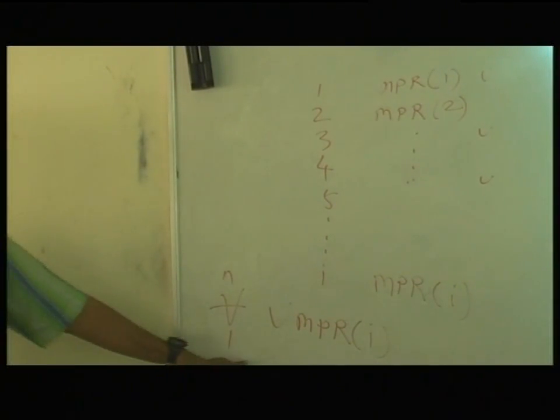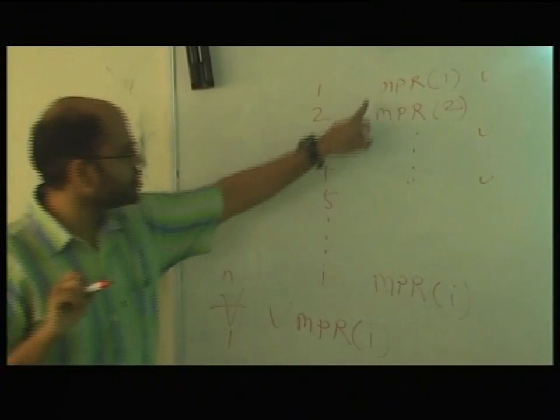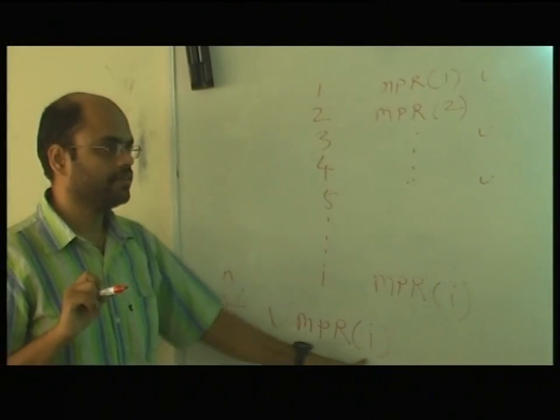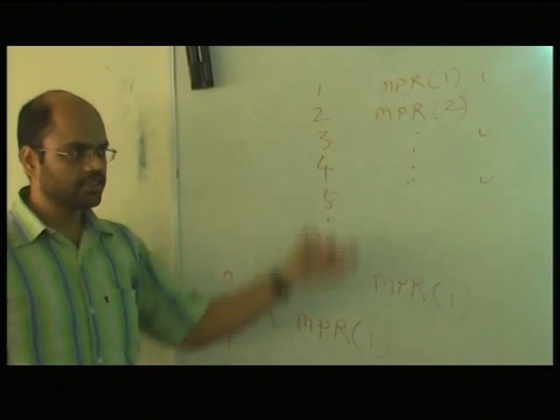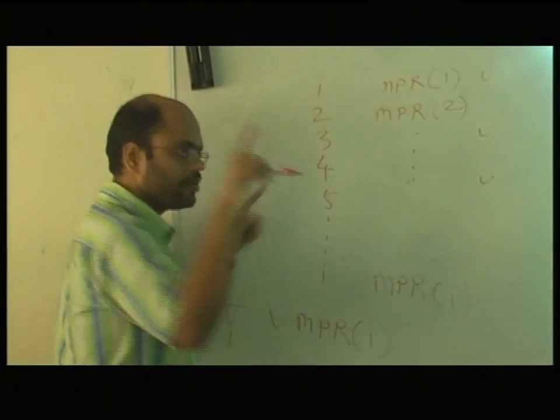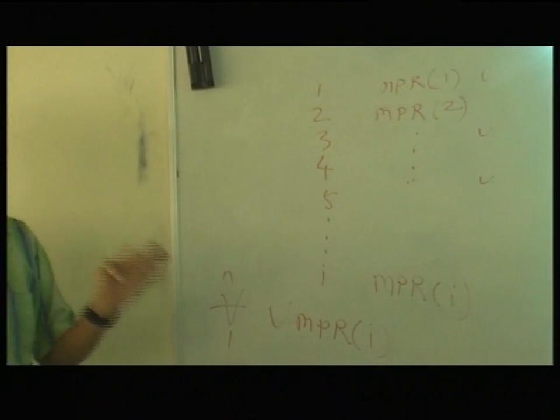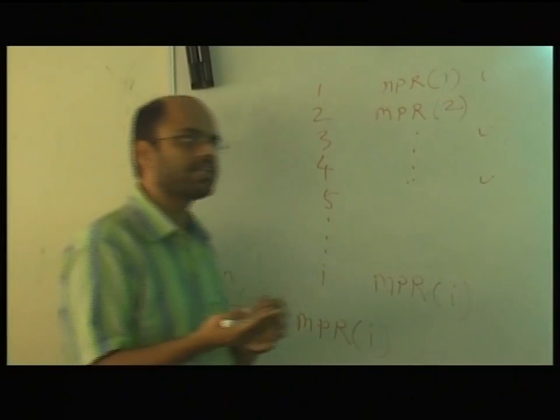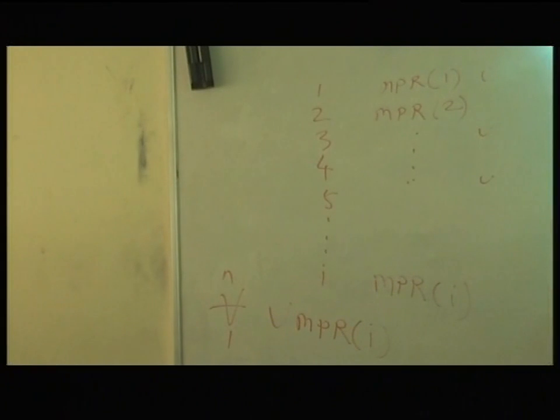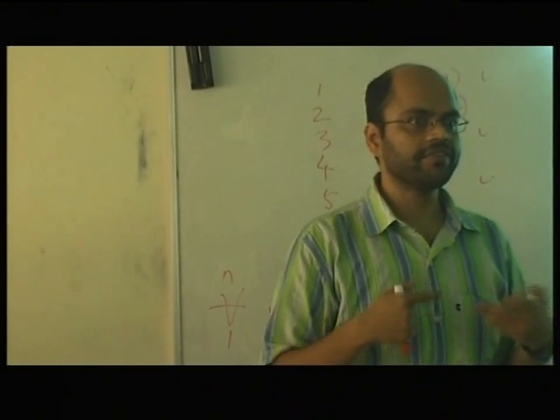If you expand this, you will see MPR of 1, 2, 3 and so on, all in a union. Since it's a set of sets, if there is something common, the set will not have it multiple times, because it's set notation. So these are the nodes which will send, that is, retransmit, control information.